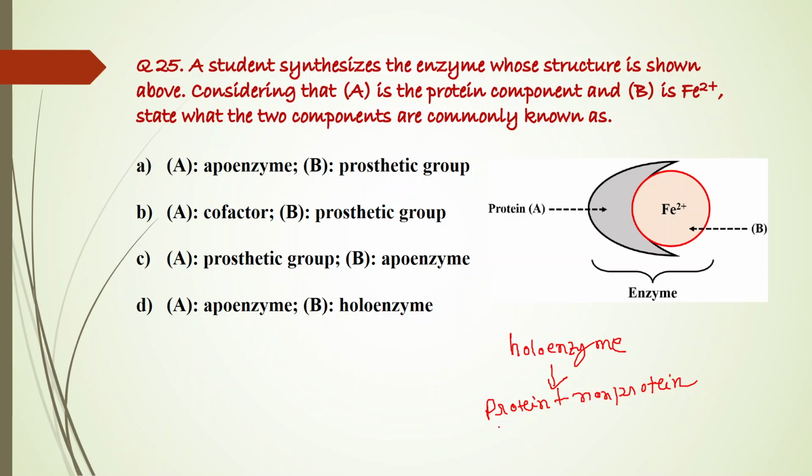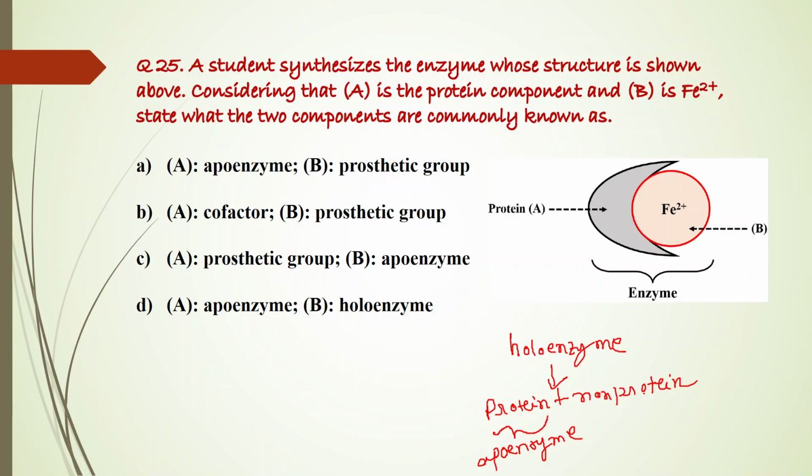The protein part we call apoenzyme, and the non-protein part, depending on whether it is tightly or covalently bound, or loosely or non-covalently bound, we can classify further as coenzymes or prosthetic groups, cofactors and prosthetic groups.